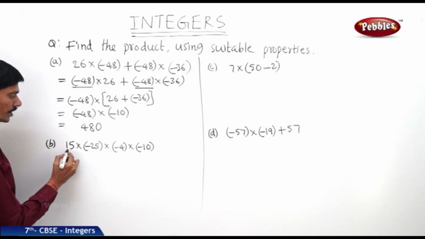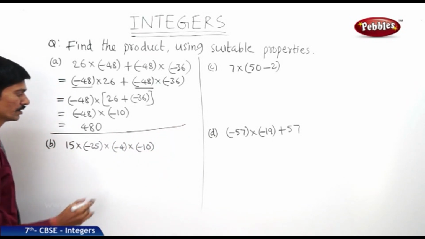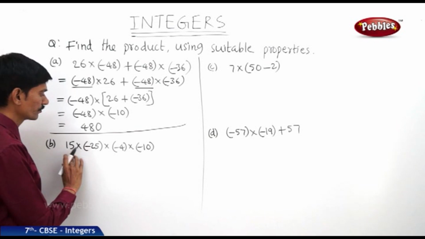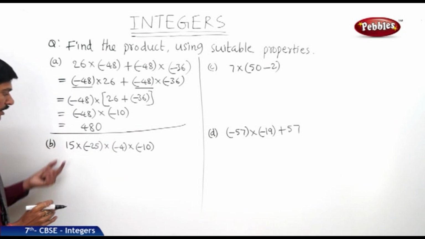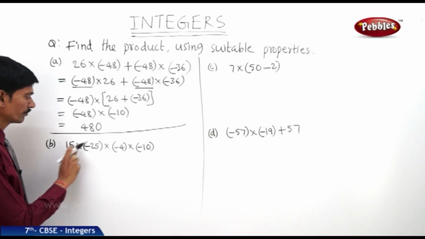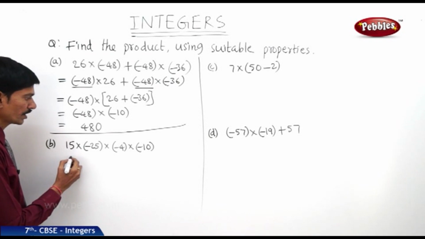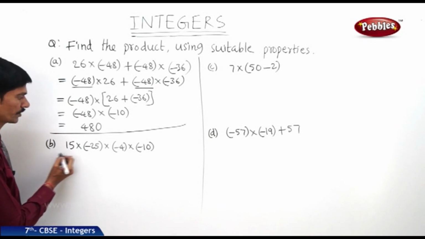Now 15 into minus 25 into minus 4 into minus 10. So this is the product of the four integers. When you multiply as they are, then we need to multiply 15 by minus 25. So instead of doing that, we will rearrange the terms by using commutative property.